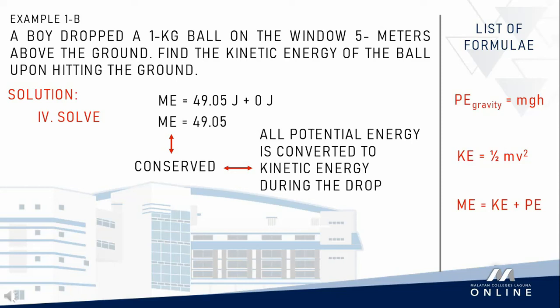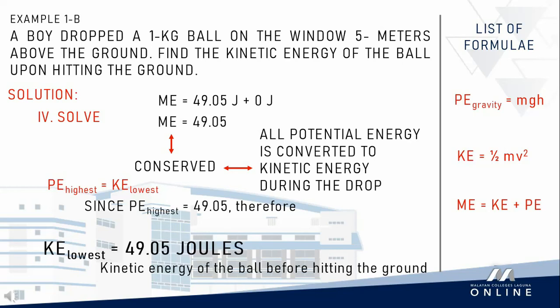Thus we say, the highest potential energy is equal to the lowest kinetic energy. Therefore, since potential energy highest is equal to 49.05 joules, our kinetic energy lowest is equal to 49.05 joules. And this is the kinetic energy of the ball upon hitting the ground.